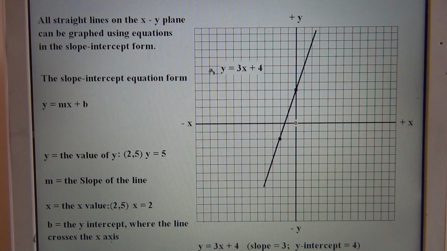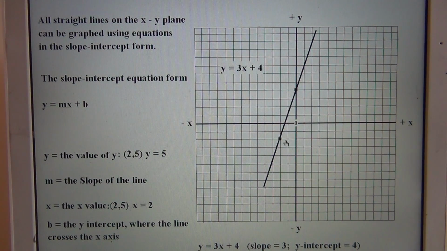So the equation for this line is y is equal to 3, which is the slope, 3 times x plus 4. Okay, and how did we know that 3 goes here?